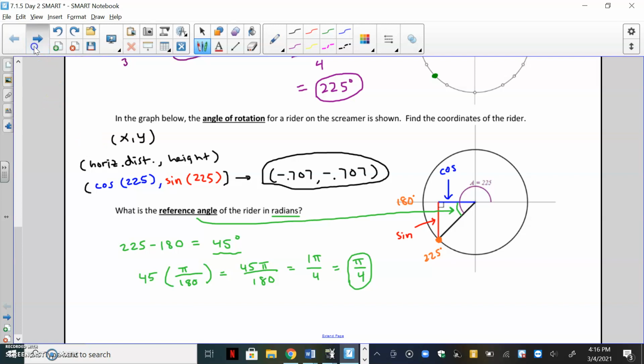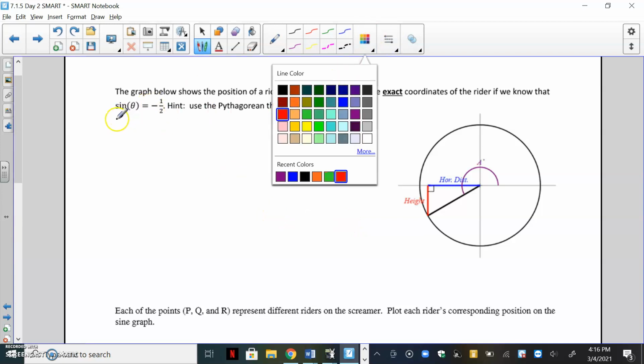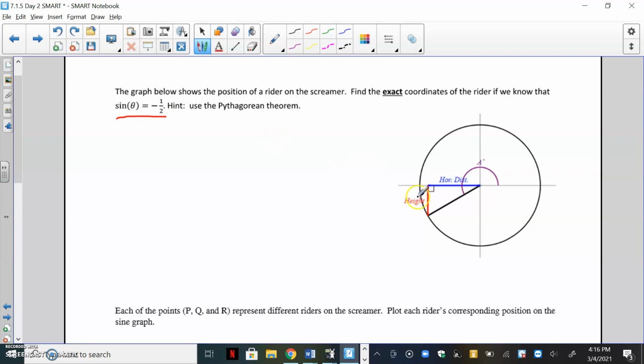All right, on to the next. So here, this is a problem regarding the Pythagorean theorem. I gave you the sine of this triangle. And so we're gonna go ahead and label appropriately. If I said the sine is -1/2, that refers to my height. I gave you the height.